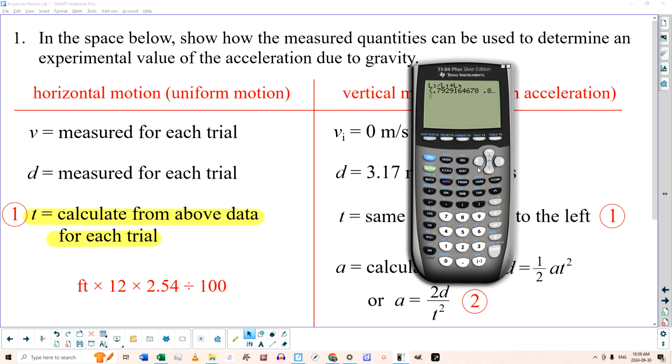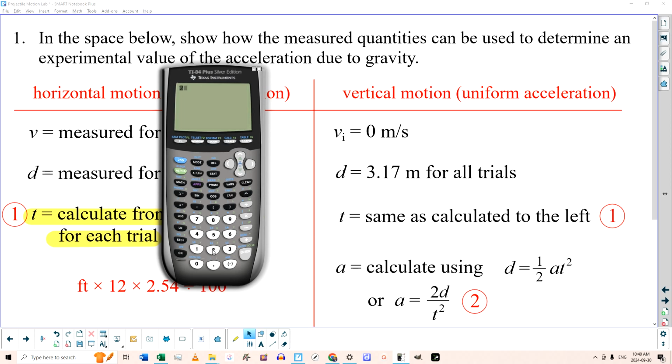I hit enter, and these are all of the times for my different trials. And if I were to go stat edit and go over to L4, I can see them in there. So don't forget, L4 is the time for each of the 8 trials.